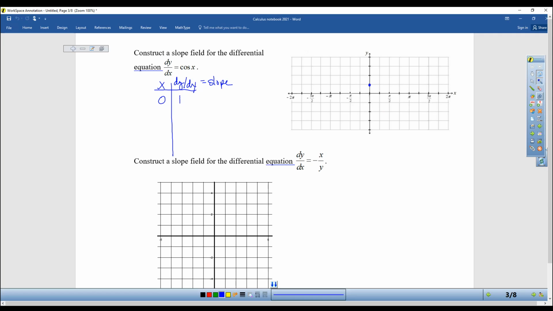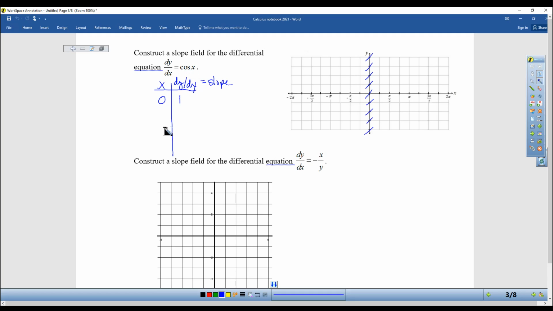Instead, at 0, I'm going to make a slope of 1. Now, it doesn't say what the y-coordinate is. So interestingly, you're going to have to make a slope of 1 everywhere. Now, there's actually ones in between too, but that's going to get a little bit cluttered. So we're just going to make them at the integer coordinates. So there's my slope of 1.